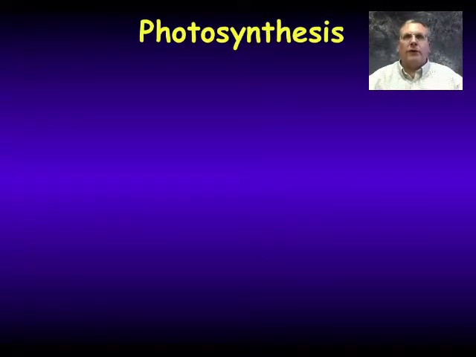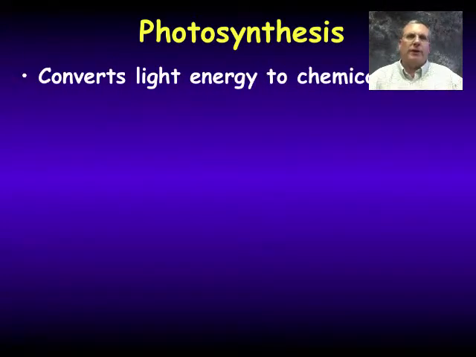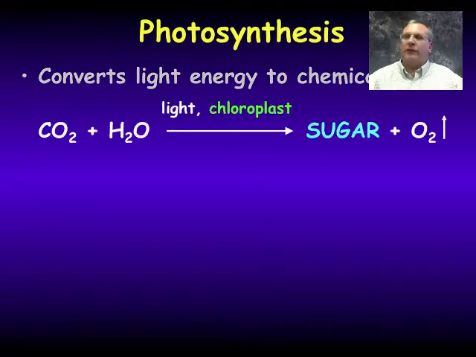The first process that I want to talk about today is photosynthesis. Photosynthesis is by far the most important biochemical process on Earth. Without photosynthesis, none of us would be sitting here today. All it is, simply, is taking light energy from the sun and converting it into chemical energy, and this takes place in plants. This is the chemical equation for photosynthesis.